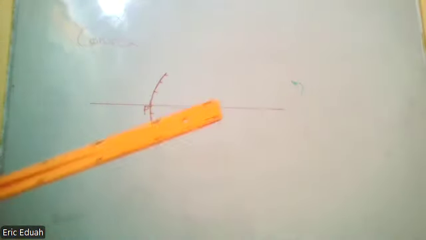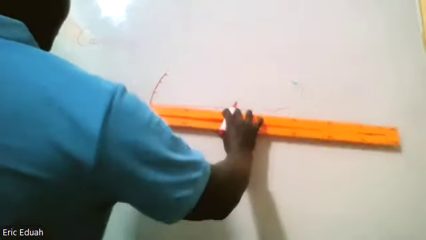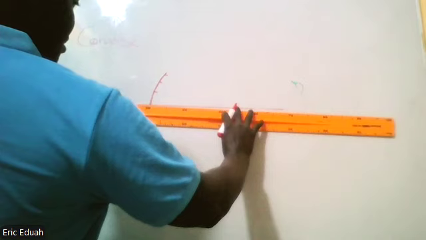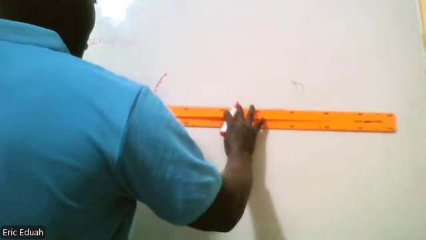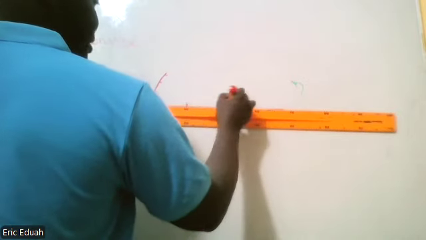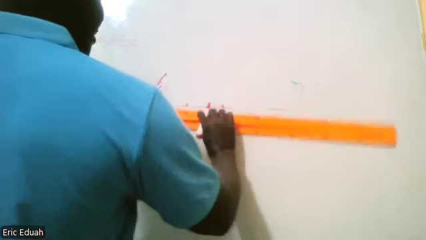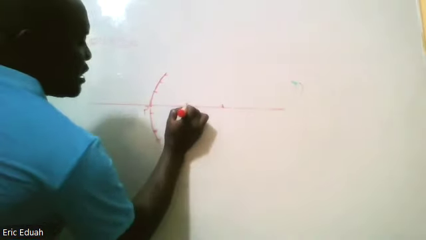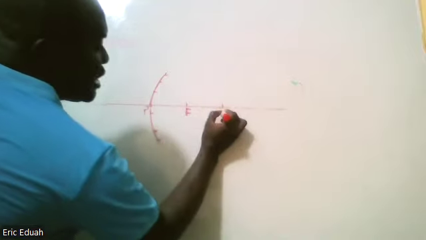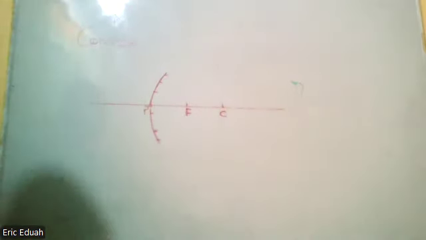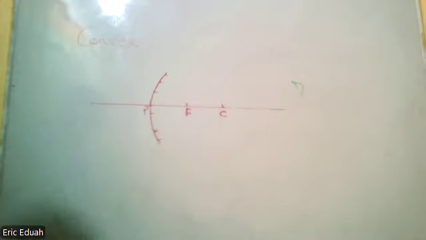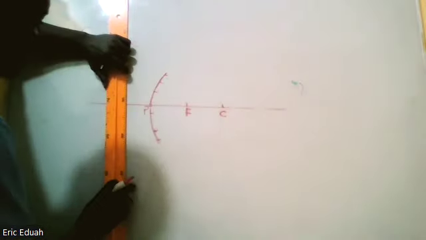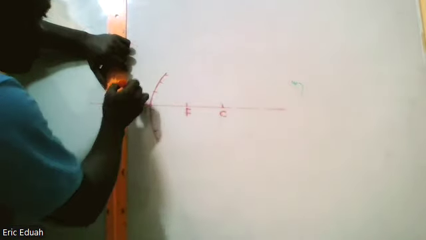Let's take our measurement. This is F. This is C. F is here. And C is here. And because they occur at the back of the mirror, it means these points are virtual. Now, in one instance, let's bring the object close to the mirror.